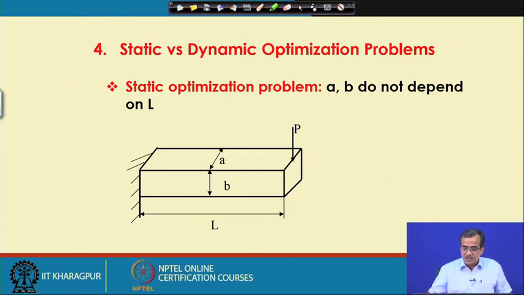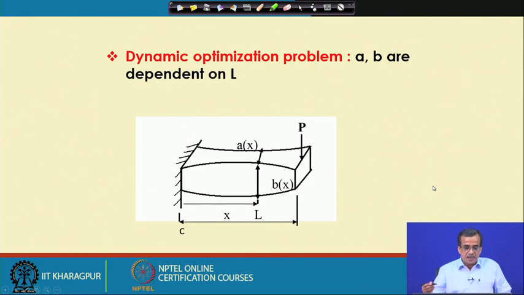Now, the next is the dynamic optimization problem. Here I am taking the same example of the cantilever beam, but here the cross section is varying along the length of the beam. A and B are varying with L, that is the length of the beam.